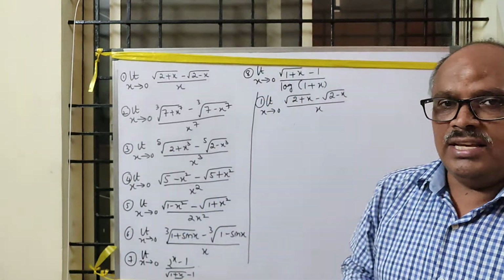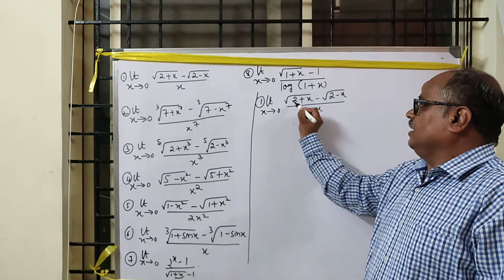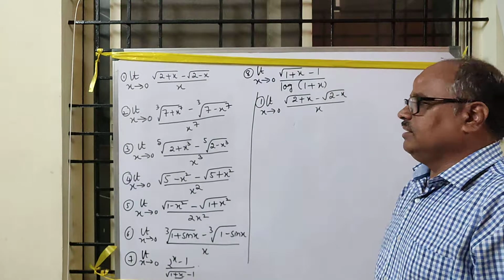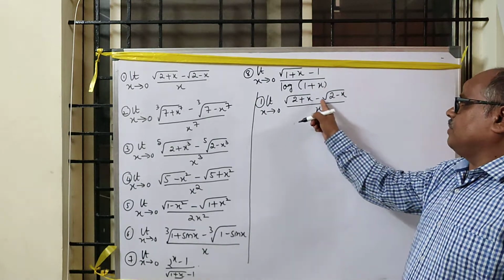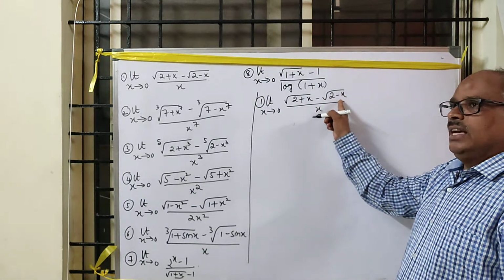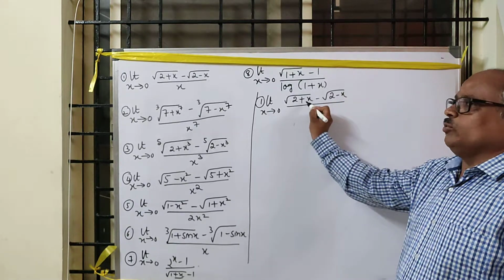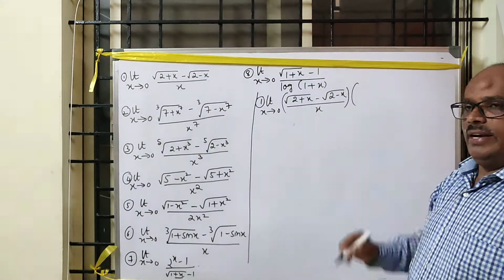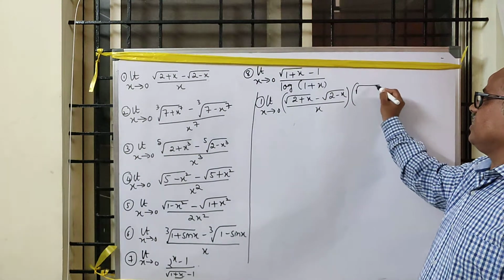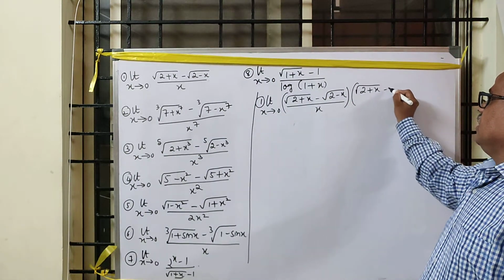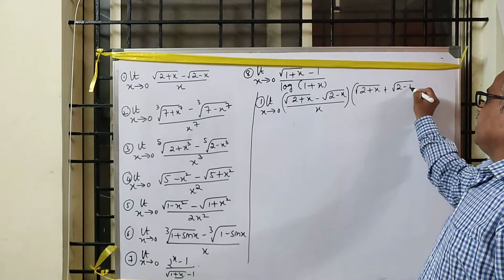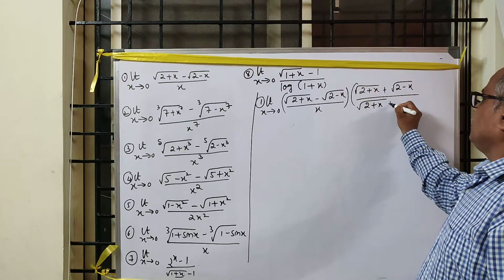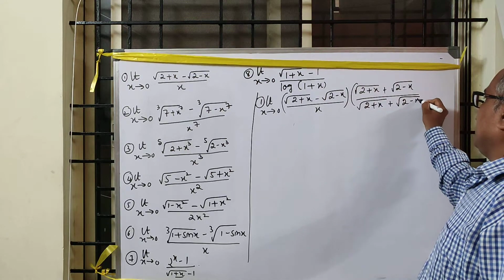The rationalization of the numerator is square root of 2 plus x minus square root of 2 minus x, and the rationalizing factor is square root of 2 plus x plus square root of 2 minus x. Multiply and divide throughout by the rationalizing factor, so the denominator becomes x times square root of 2 plus x plus square root of 2 minus x.